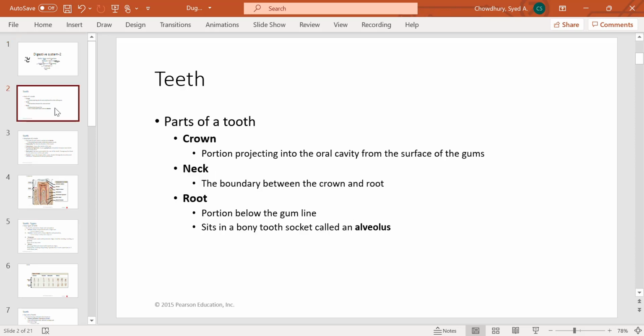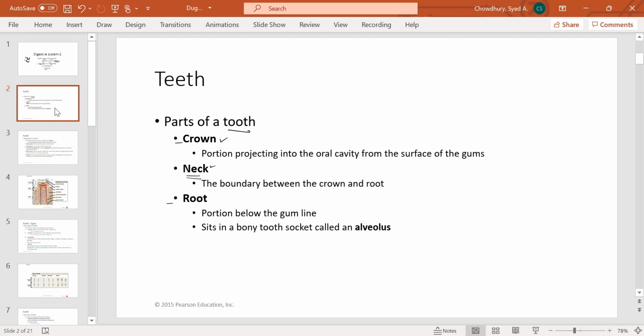So first, the structure of a tooth has three parts. The part that is exposed, that means the part you see from outside, that's the crown of the tooth. And then there is a part that connects the crown and root. This is called the neck.